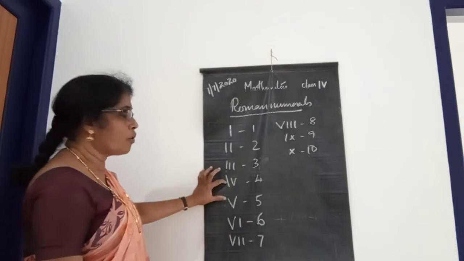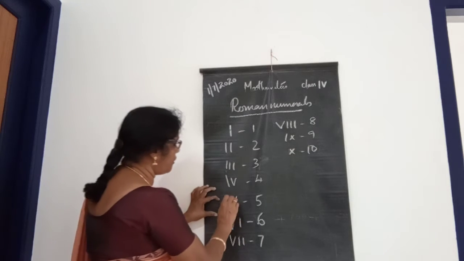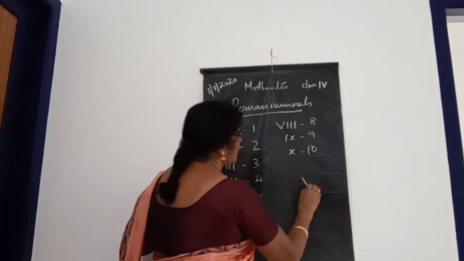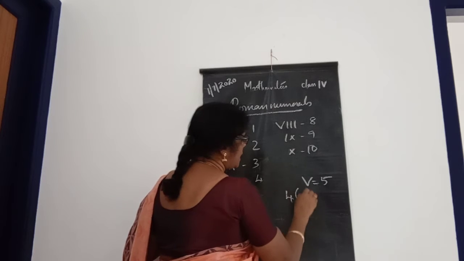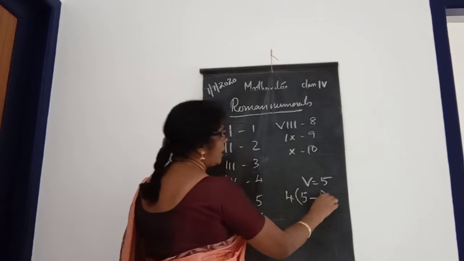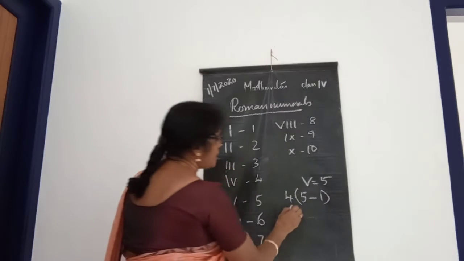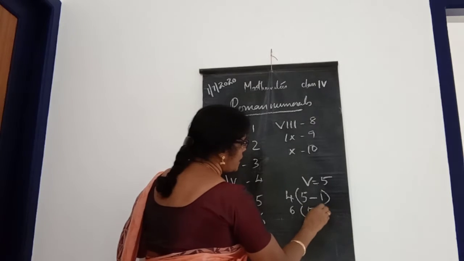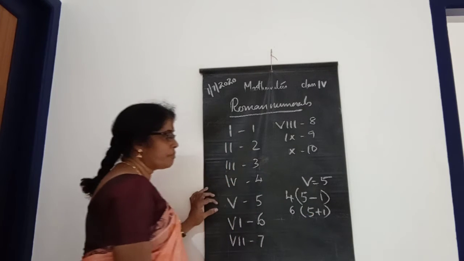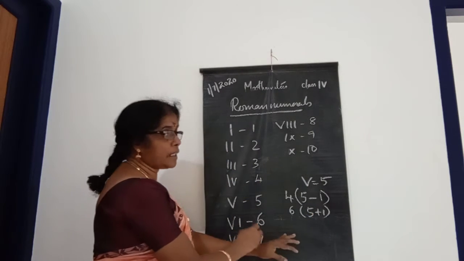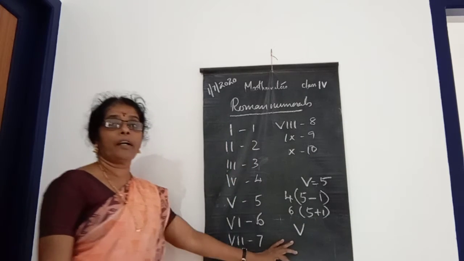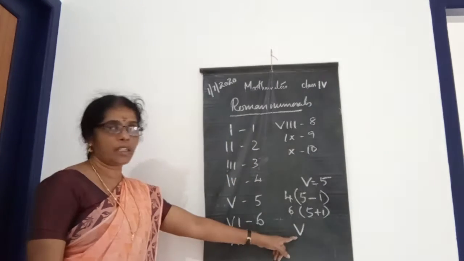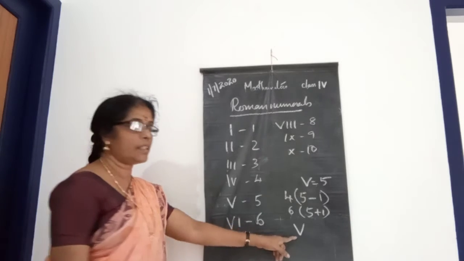Then 4. How is 5 written? 5 is V. And 4 is 5 minus 1. 6 is 5 plus 1. All of you look here. 5 minus 1: this one is 5, and 5 minus 1 is 4.